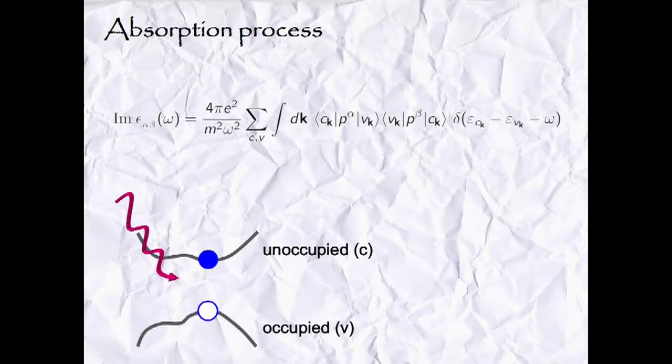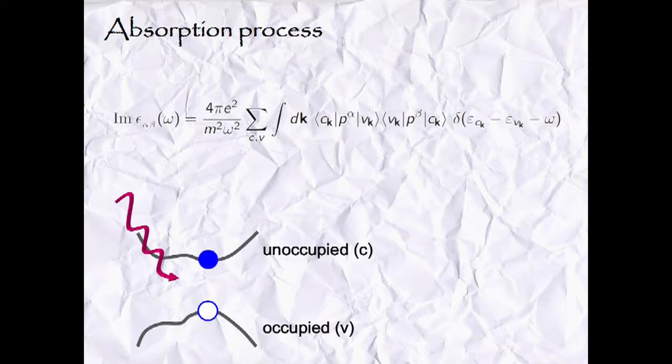And when you shine in light, you will take an electron from the occupied region to the unoccupied one. So it occupies a different electronic level, and this process can be described, as said, by the dielectric function, and the expression that I point out here is basically Fermi's golden rule.